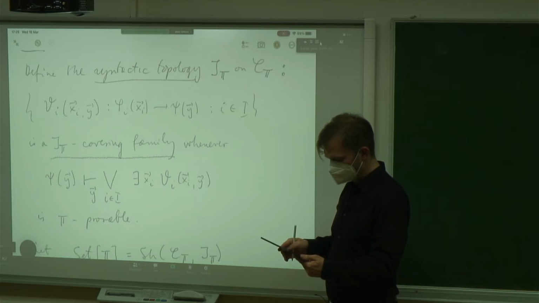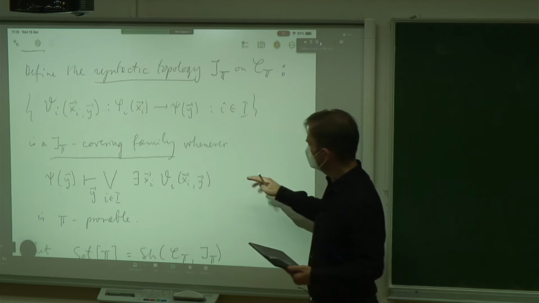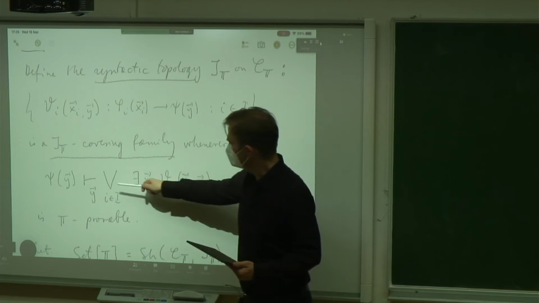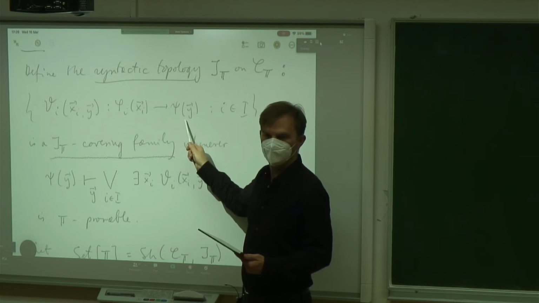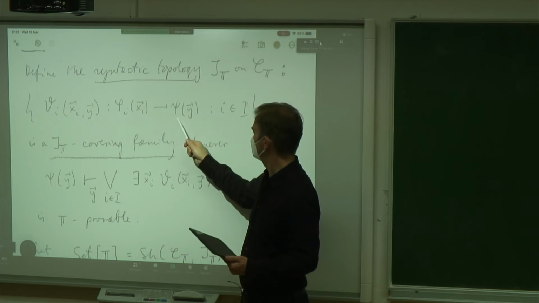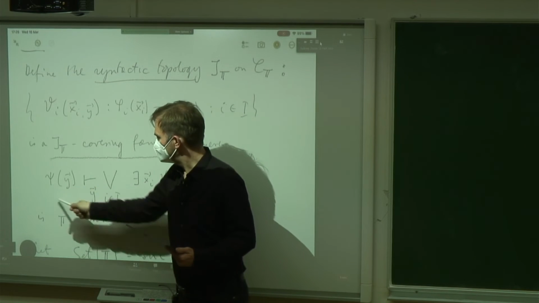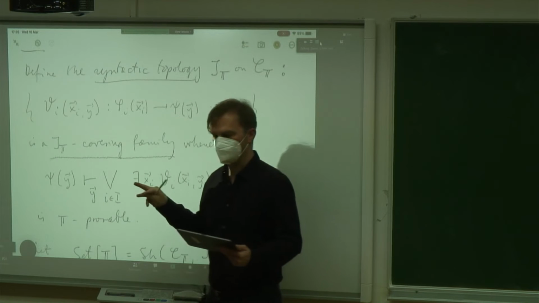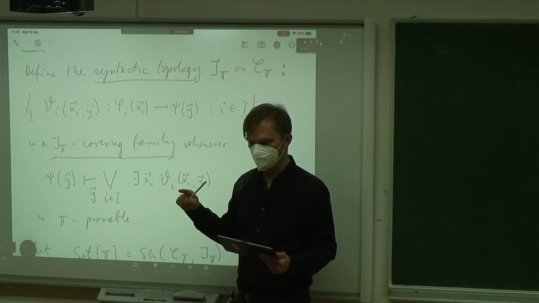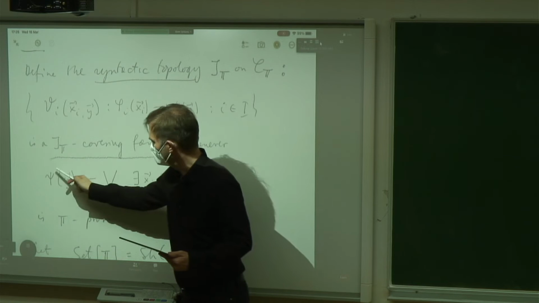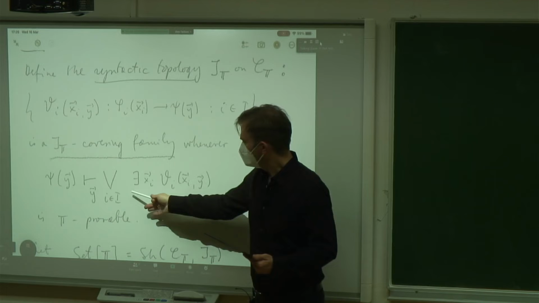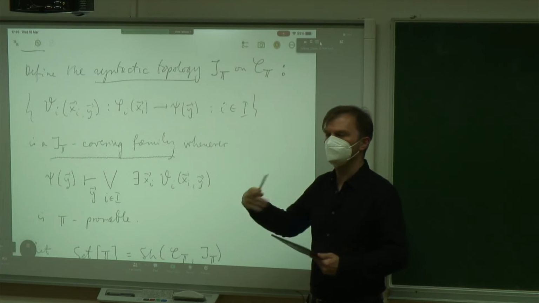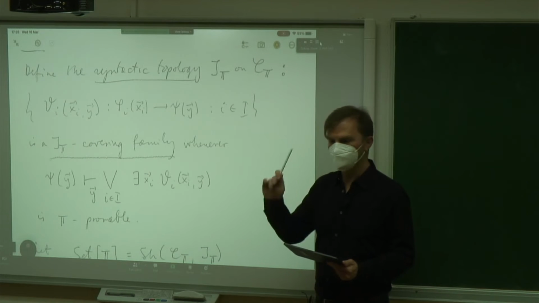Somehow, if you think about what this says, it's almost like saying that the union of images of these maps covers the target. Think of interpretations: this means that the interpretation of the target is less than or equal to the union of these guys, and these are precisely the images of these imaginary functions. Okay?